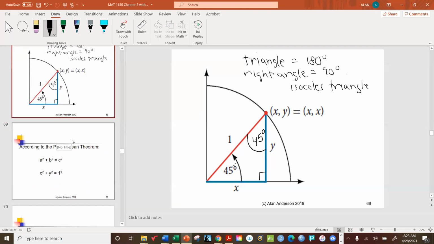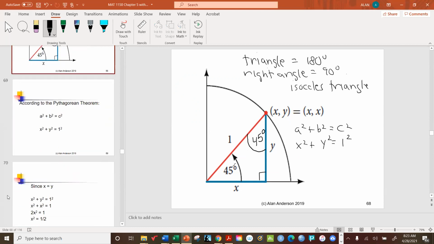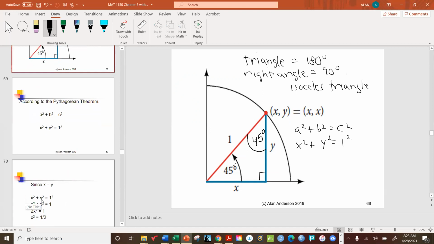And again, from our old friend, the Pythagorean theorem, c is 1 in this case. a would be the x, y is the b. But we also know that x equals y. So you can replace this y with x.